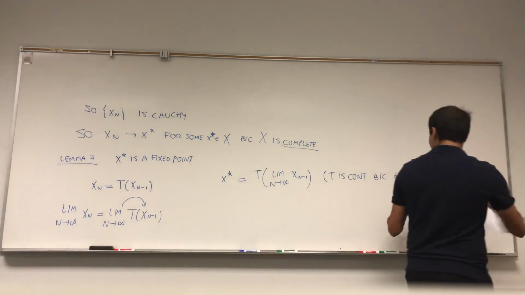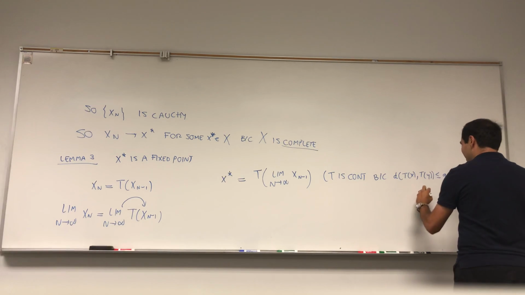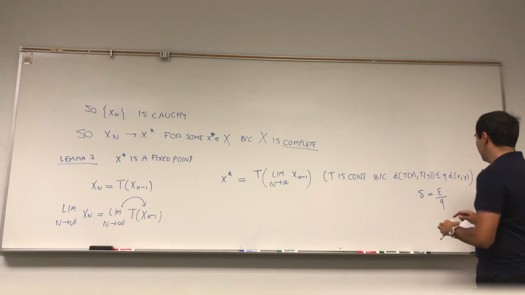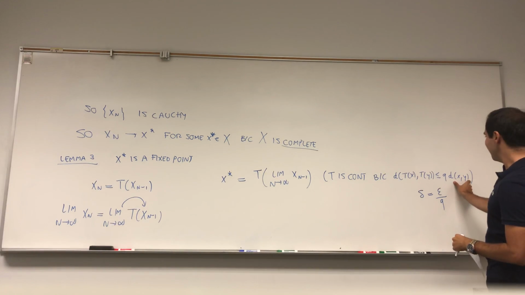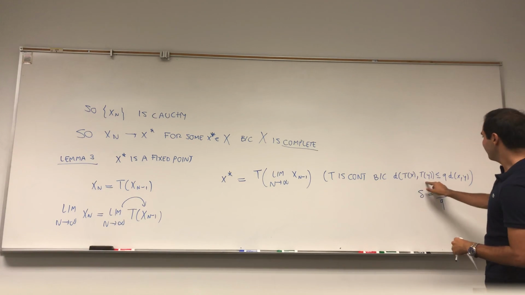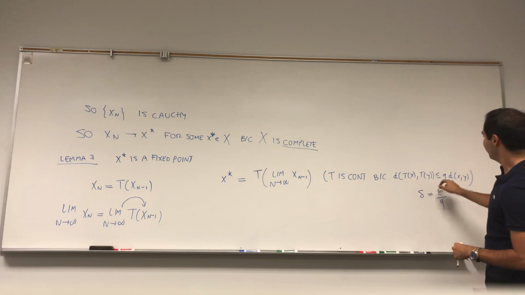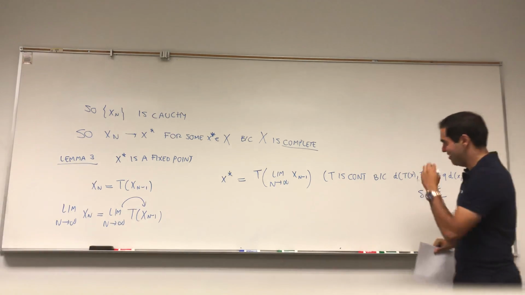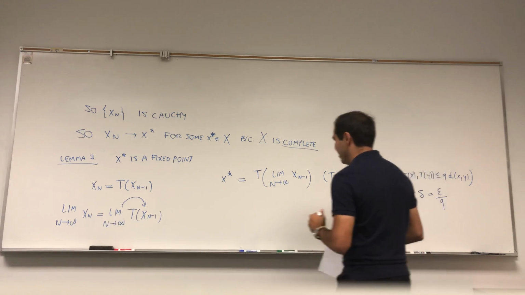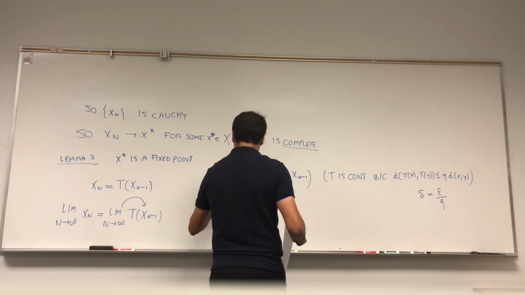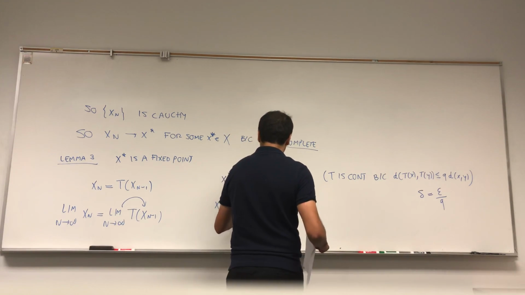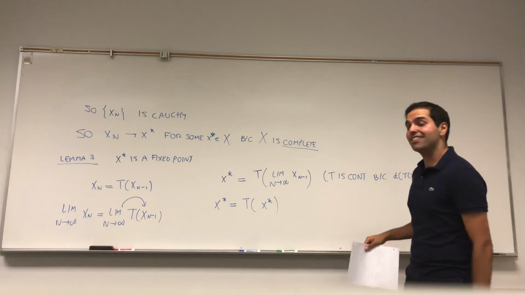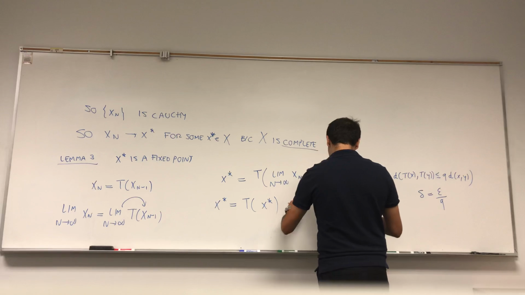If epsilon is given, let delta be epsilon over q. Then if d of x, y is less than delta, the distance of T x, T y is less than q times epsilon over q, which is epsilon. So contractions are continuous. And in particular, we get that x star is T of x star. So in fact, x star is a fixed point.